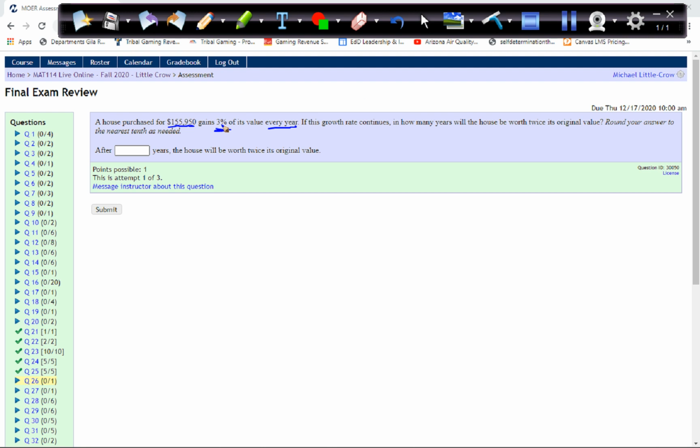Our equation is always y equals a b to the x, and remember b is always 1 plus the rate. The rate is 0.03. So our base is 1.03.